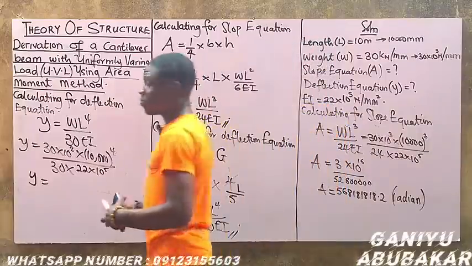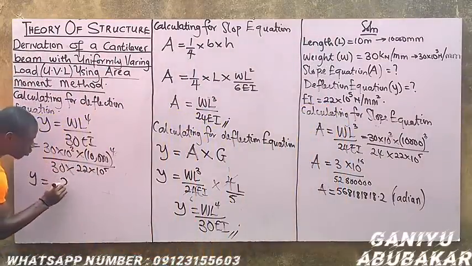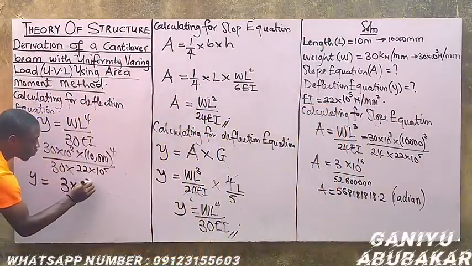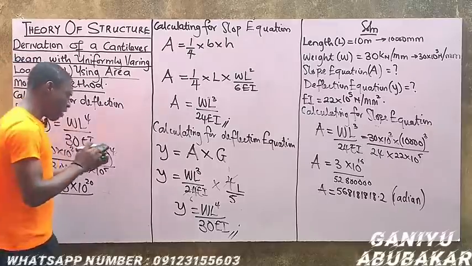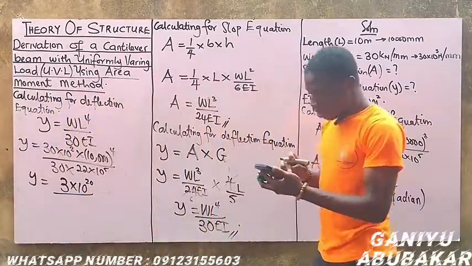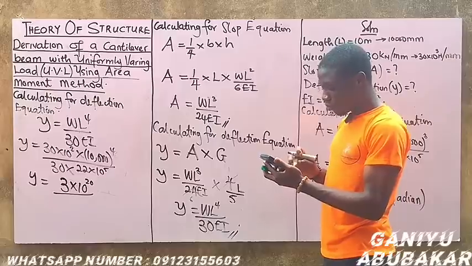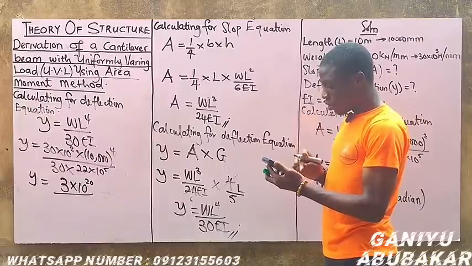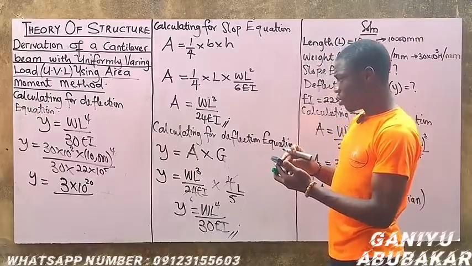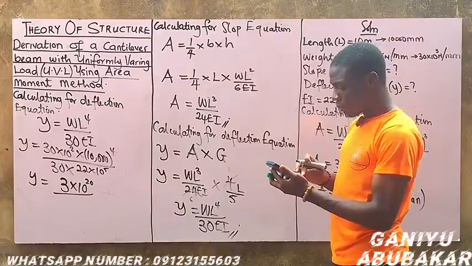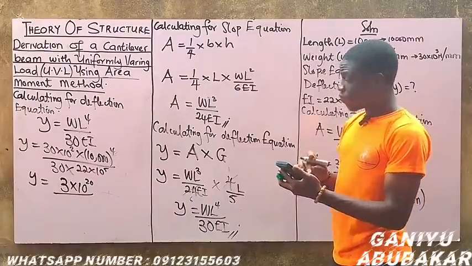I have 3 times 10 to power 20 as my numerator value, divided by the denominator, 30 times 22 times 10 to power 5.